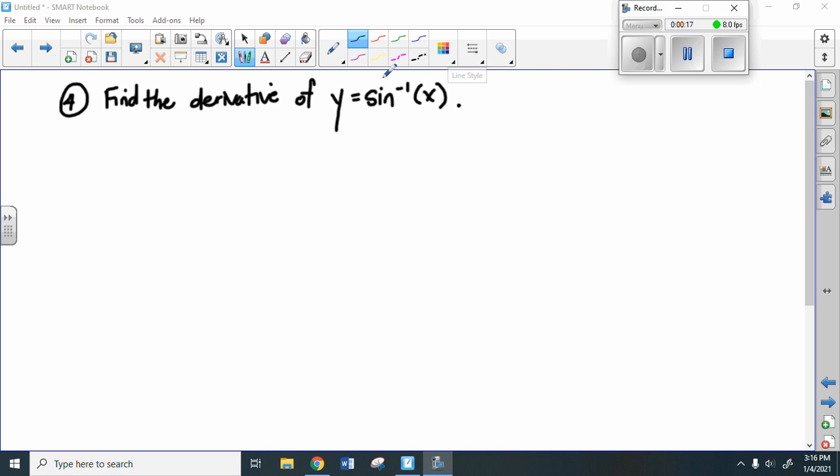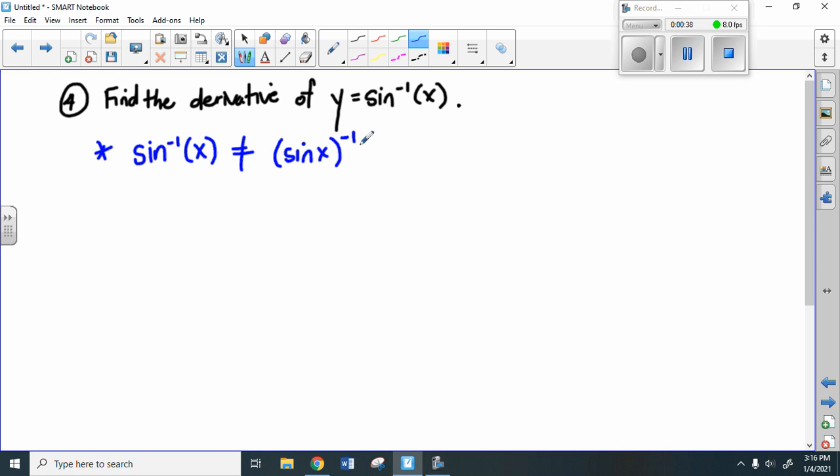Well, one thing I want to caution you on is that sine inverse of x is not the same thing as sine of x all raised to the -1. The exponent for the inverse does not work the same way as any other exponent does.